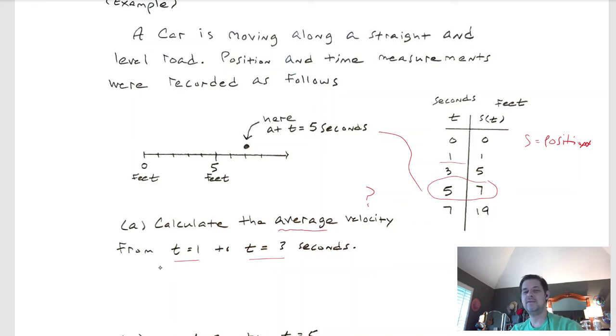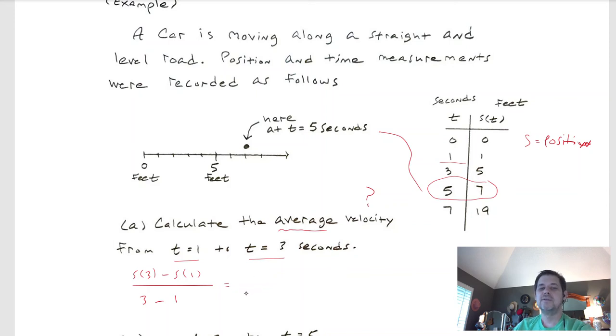Let's see if we can just do this like other problems in the lesson. So if this is like other problems, then the way we would find the average rate of change is we would find the function value at this number minus the function value at this number, and we would divide that by this larger value minus the smaller value.